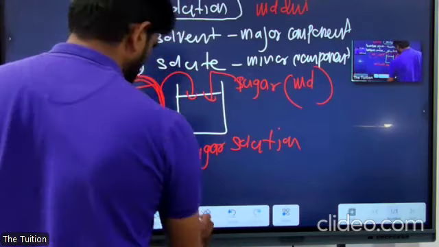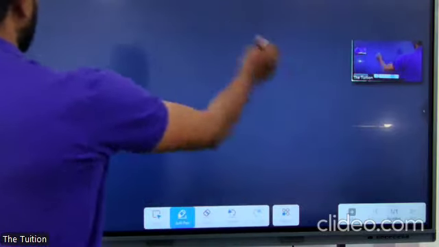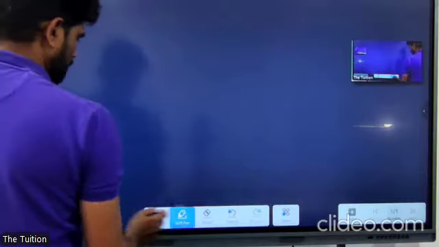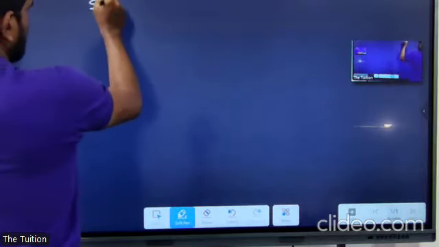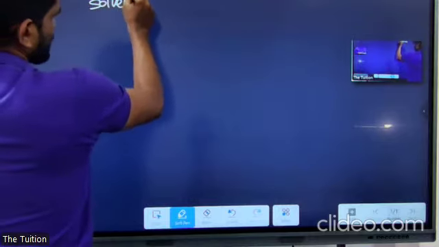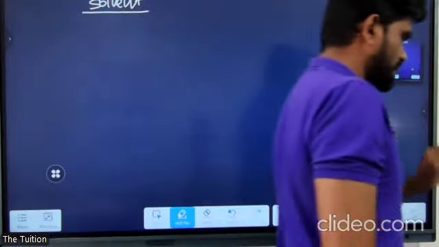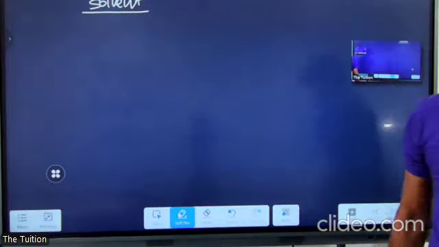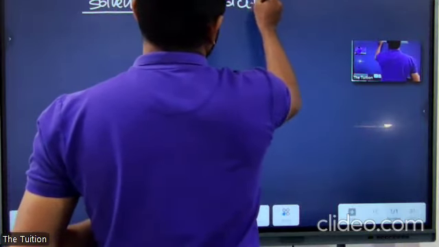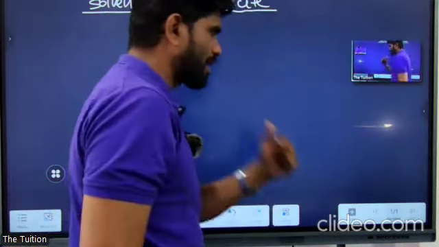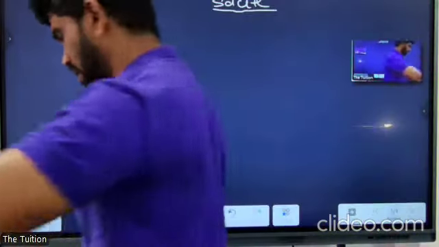I will erase this one. Look at this. I will use white color. This is solvent. What is the solvent? The major component of a solution is the solvent. What do you mean by solute? The minor component of the solution is the solute.